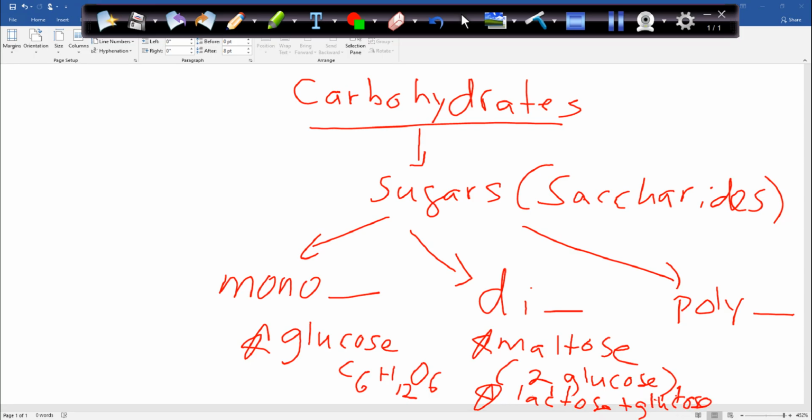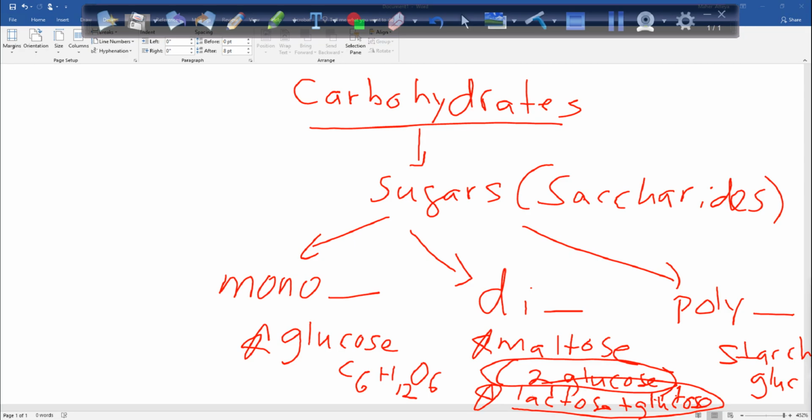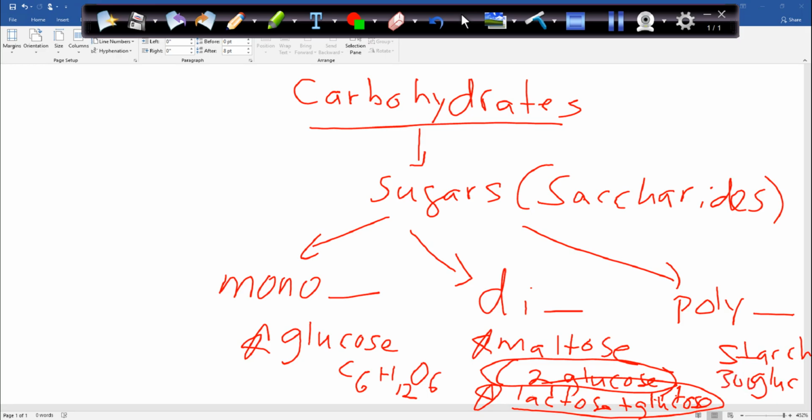So we have maltose, 2 glucose, and then we have lactose plus 1 glucose. Lactose is like glucose, but the carbon is different. I'll show you in a minute. The poly is starch, which is multiple glucose. You have over 300 glucose together, over 300, correct? So we have maltose, we have lactose. We can show you in a minute here.